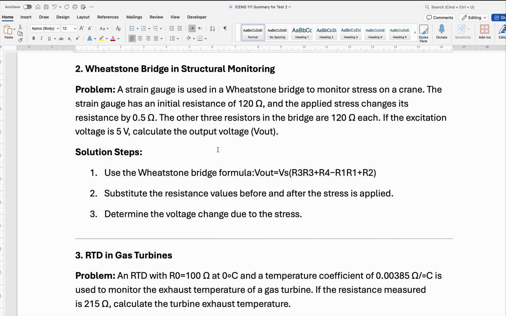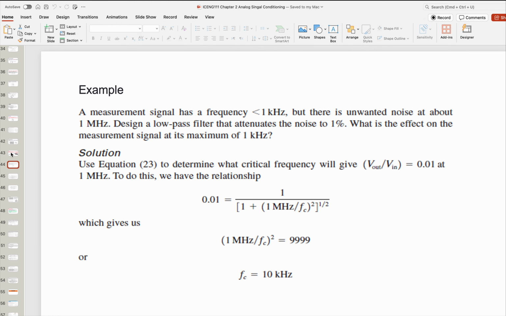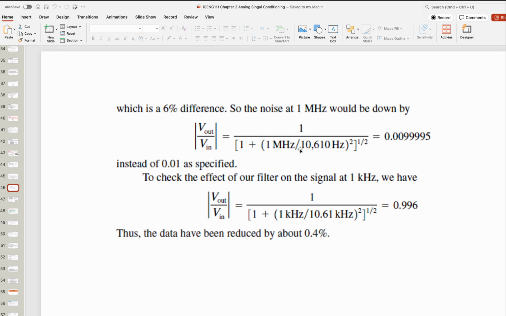So this is just an example of how we can do it. And again, if you can recall the example, for the low pass filter, I'm going to substitute the F, which is the high frequency, and calculate FC. Now, based on the FC, I'm going to calculate R and C. Find R and C.